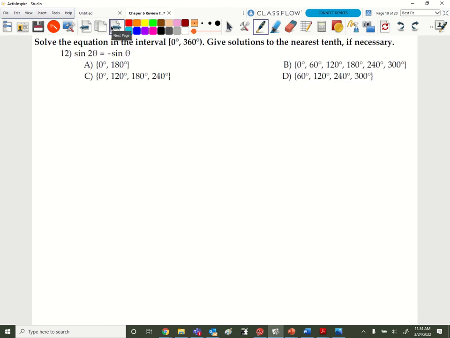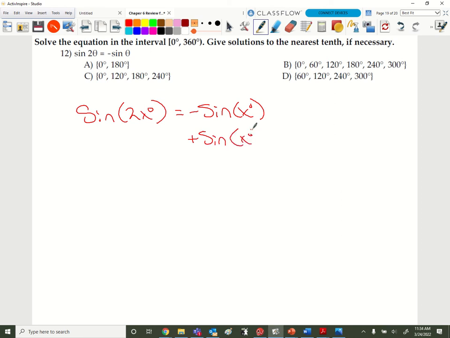So number 12. Oh, hey, look, this one looks familiar. So sine of 2x degrees equals negative sine of x degrees, add sine x degrees. So sine of 2x degrees plus sine of x equals 0.